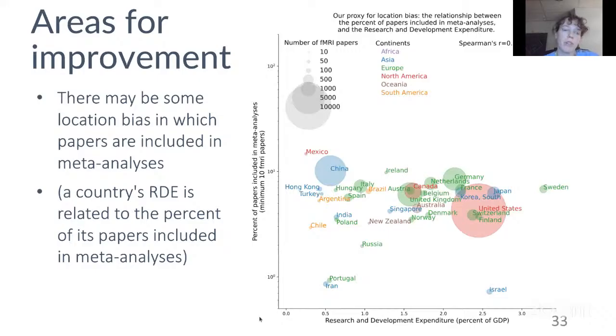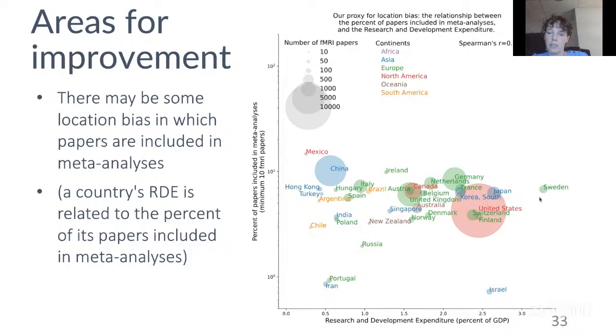Finally, for areas for improvement, there may be some location bias in which papers are included in meta-analysis. So the way we operationalize this is the correlation between the research and development expenditure of a country and the percent of papers included in a meta-analysis. So for this, we automatically extracted which papers were included in meta-analyses and looked at the percent of total papers from that country that are included in a meta-analysis.